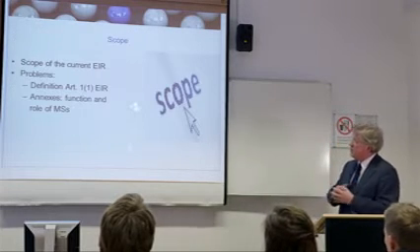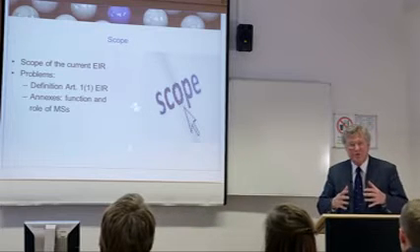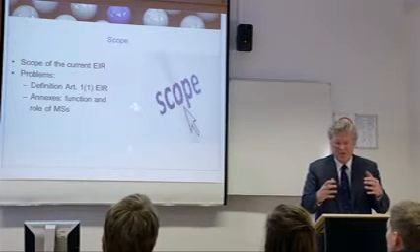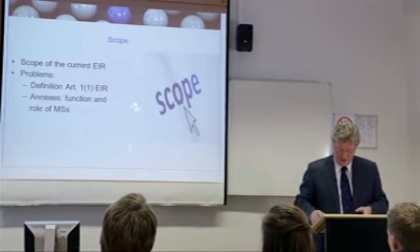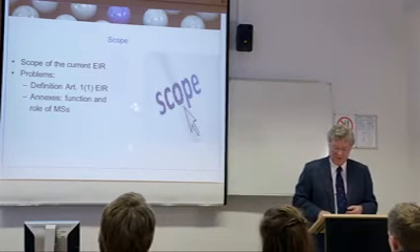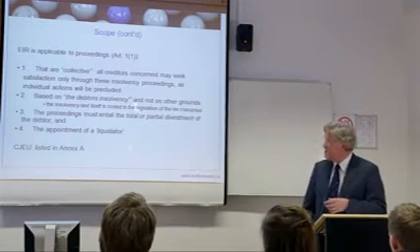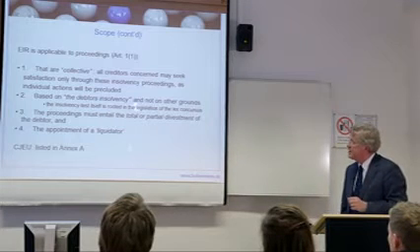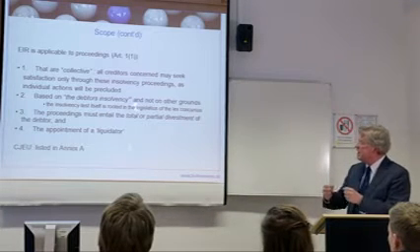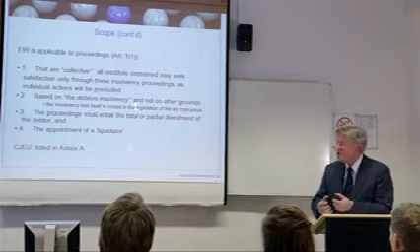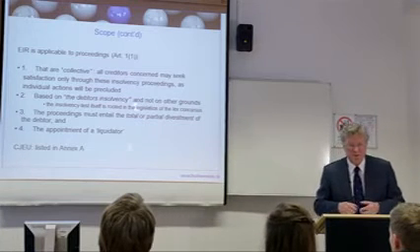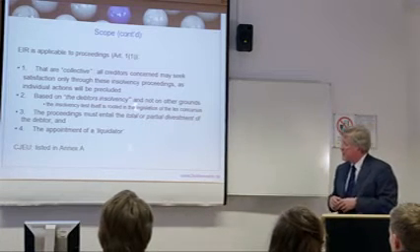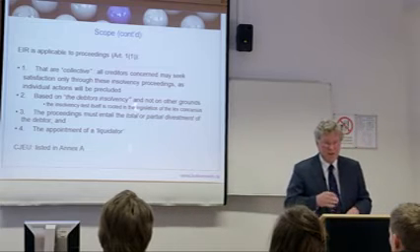Well, first of all, its scope. There was a lot of trouble to find a real value and idea about the definition of an insolvency proceeding. The requirements were easy if you were reading Article 1, saying it should be a collective proceeding, it should be based on the debtor's insolvency, it must entail the total or partial divestment of a debtor, and the appointment of a liquidator.